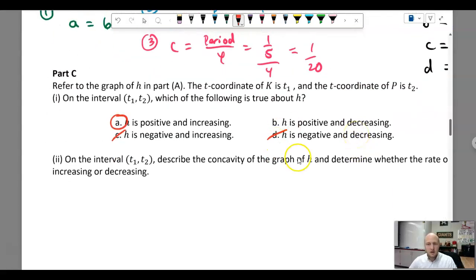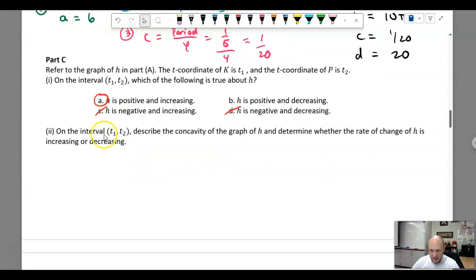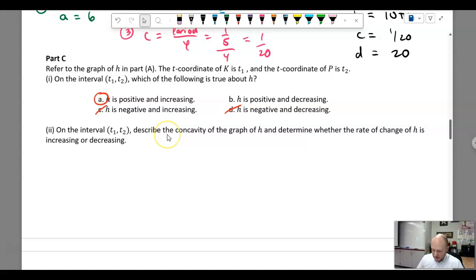There you are. Part 2 does require some wording and explaining. They say on this interval, describe the concavity of the graph of H and determine whether the rate of change of H is increasing or decreasing. So we really want to know what the concavity is here.